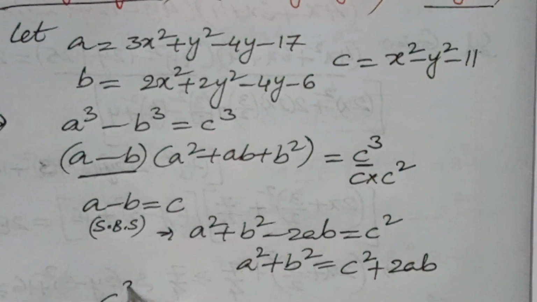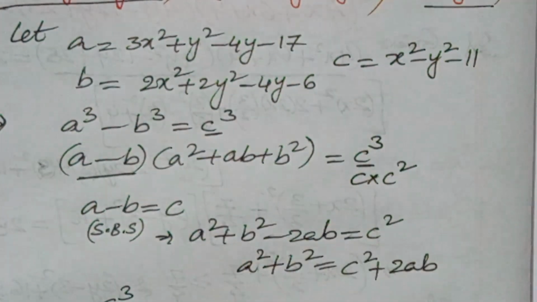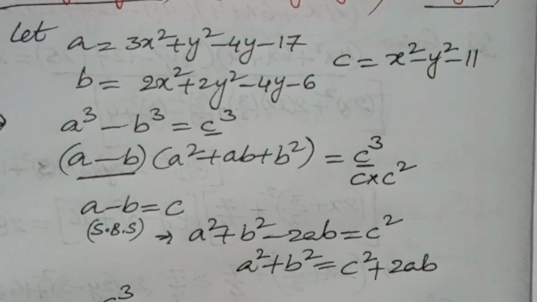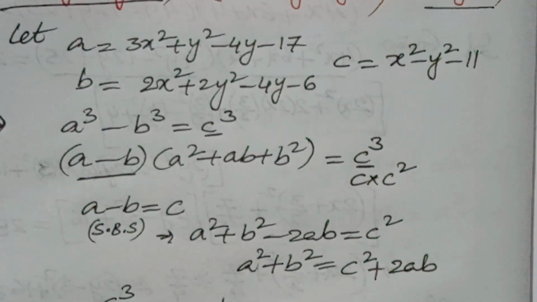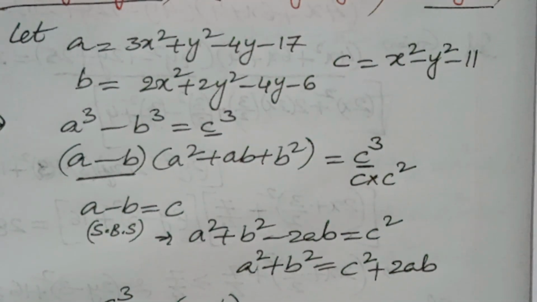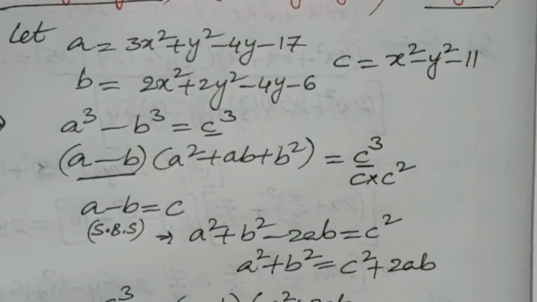Now c³ is given. c³ equals (a − b)(a² + b² + ab), and a² + b² we can write as c² + 2ab plus ab.